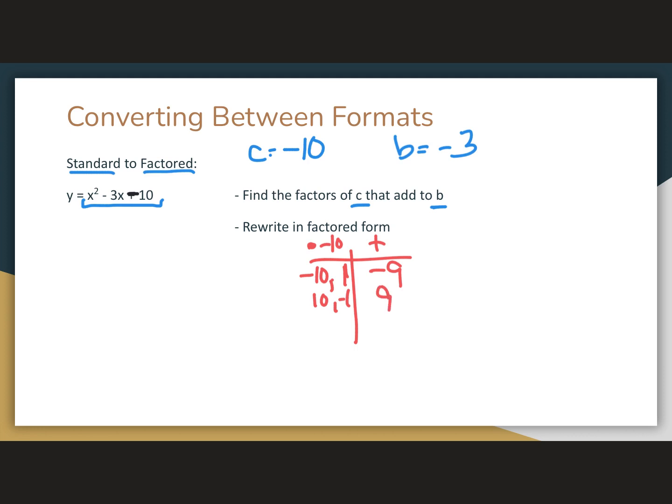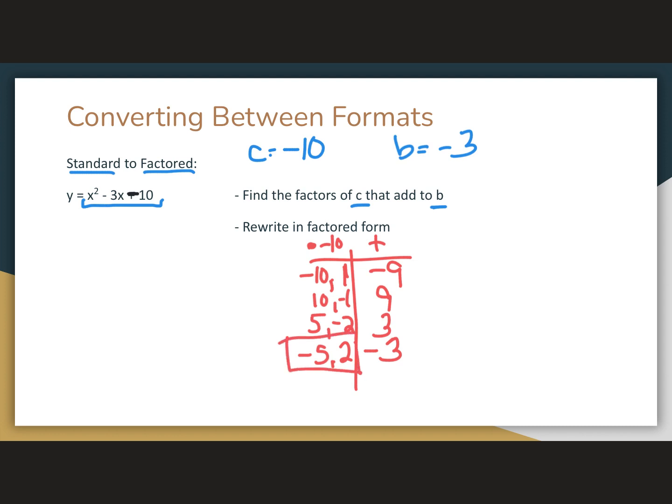Can do 5 and negative 2, which adds to 3. I'm close. So let's try -5 and a +2. Well, -5 and a +2 adds to -3, which is what I was looking for. So that means these are the values I need.